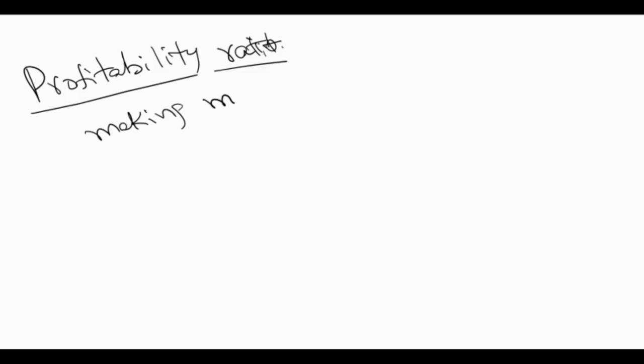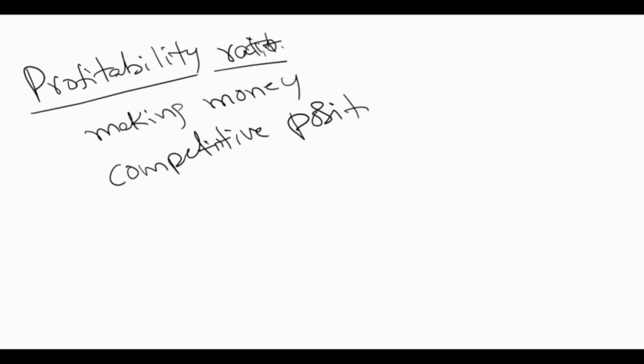And what else? The company's competitive position in the market. And also this comes from the income statement, and the sources are income and expenses.